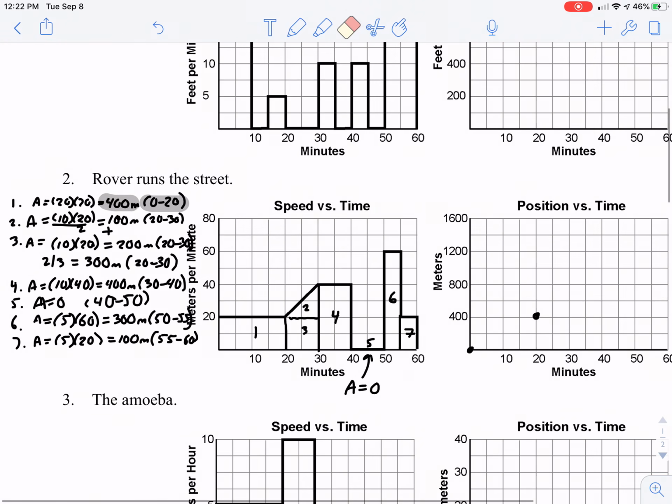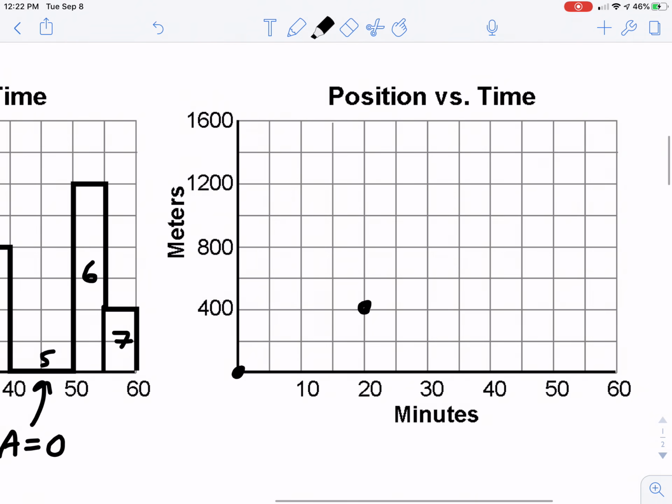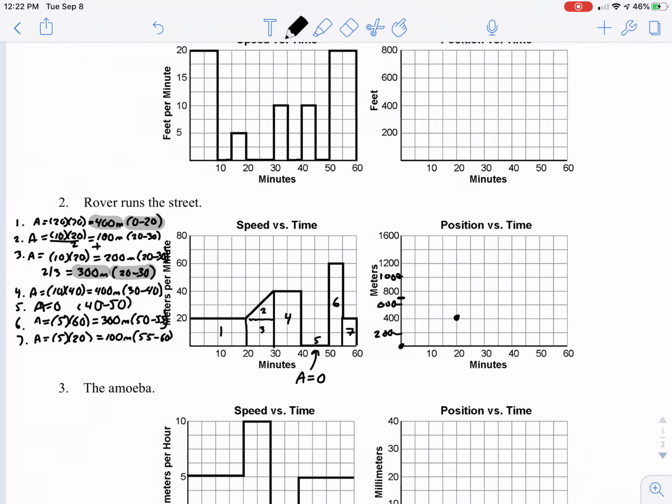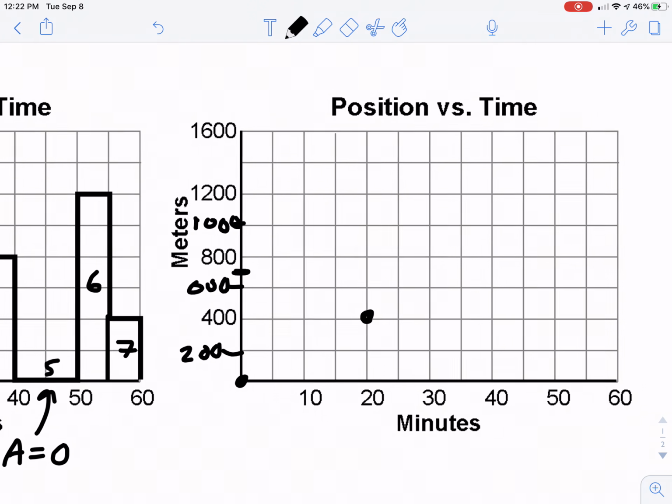Then we're going to account for the next time interval, which is the 20 to 30 minute time interval, and we went another 300 meters. So now you have to add 300 to 400. So you can see the scale here, guys. The scale is going by 200. So that's 200, that's 600, that's 1,000, and so on. So that means if we add 300 to 400, that would bring us to 700 here, okay, in a 10-minute time interval from 20 to 30 minutes.